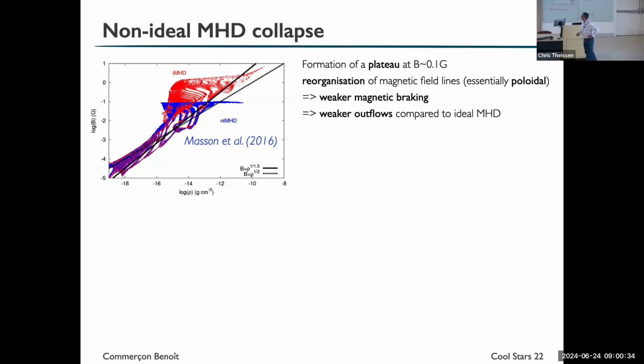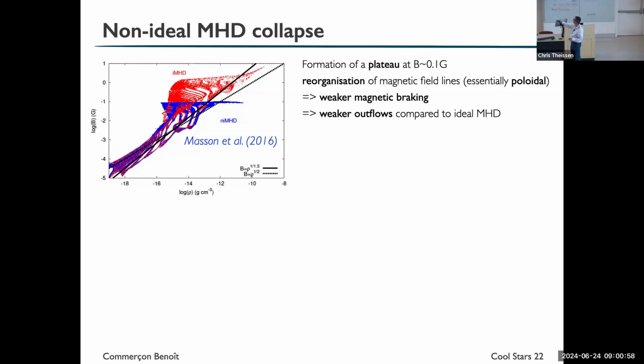So now what happens when we introduce non-ideal MHD in the same model as I presented before? Here, scales larger than 1 AU. You see here the magnetic field as a function of the density. In red, you have ideal MHD, so the magnetic field is amplified with the density as expected. But with non-ideal MHD, which you see here in blue, there is a plateau at 0.1 Gauss.